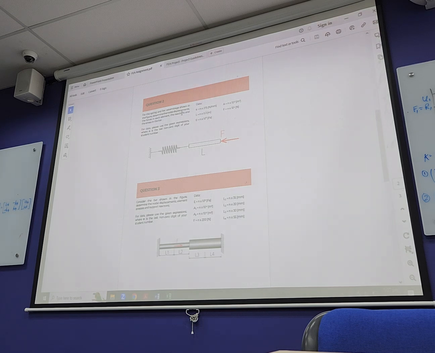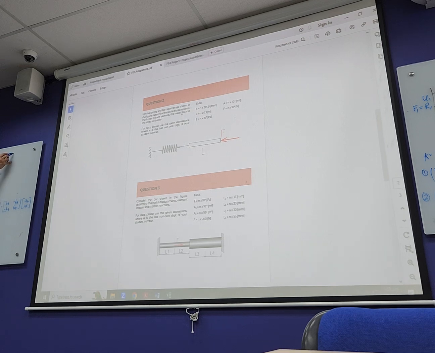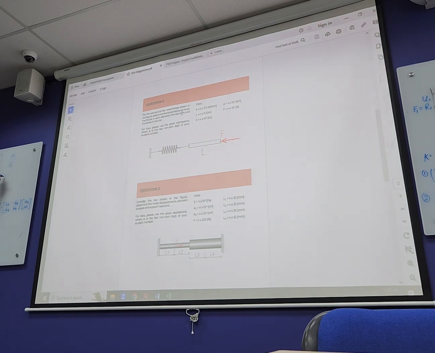So it will be K1, negative K1, negative K1, K1 plus K2, 0. As I'm assembling the global matrix, 0, 0, 0, times U1, U2, U3, U4, U5, equals F1, F2, F3, F4, F5, right?